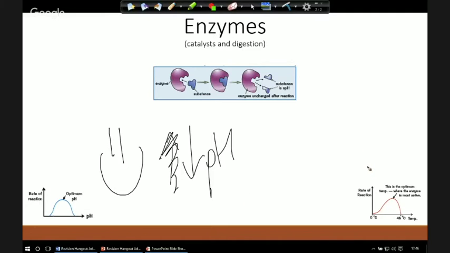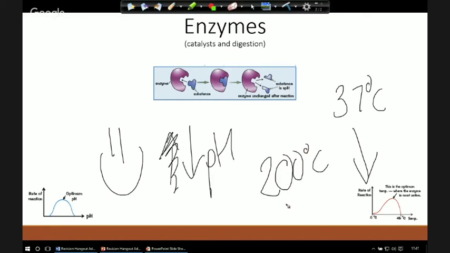And conversely, some organisms, for example humans, that function at 37, their enzymes will work very effectively at that. But any hotter, they'll begin to denature. But there are bacteria out there that can comfortably survive at 200 degrees centigrade. And so their enzymes are comfortable at that particular point.